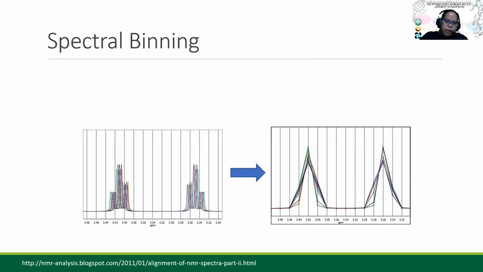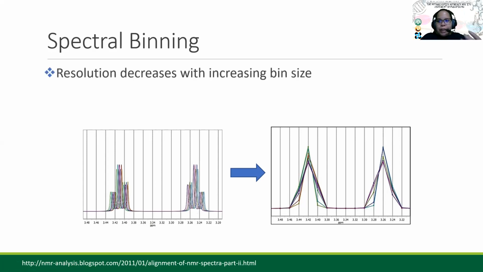So this is just to illustrate. This is binning. In spectral binning, you divide your NMR spectrum into small bins of, in this case, 0.02 ppm. You take the area for these bins, and subsequently it will be converted to something like this. You see there is a loss of resolution with increasing bin size.